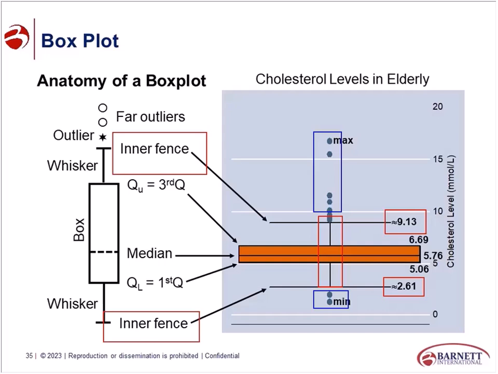And you can identify them very easily from a box plot. Now, besides identifying outliers and extreme values, box plots are even more effective when you want to compare groups graphically.